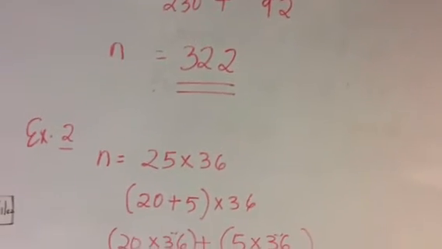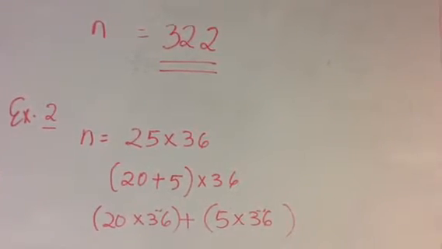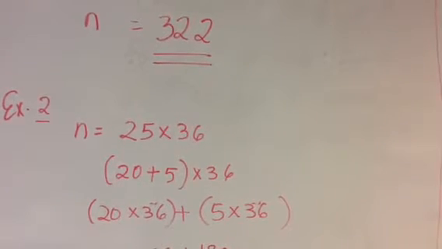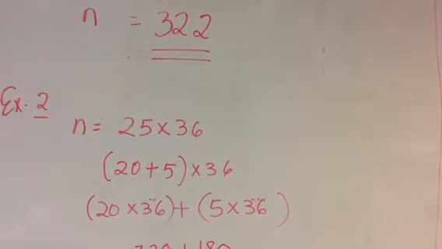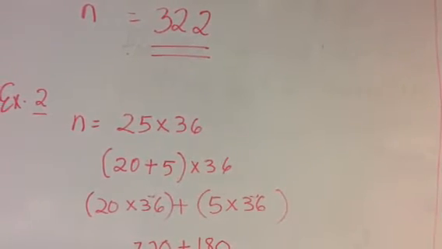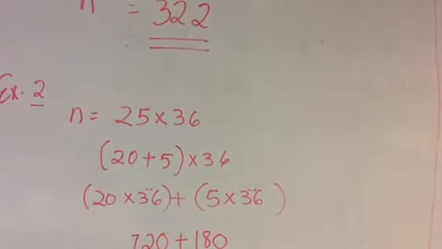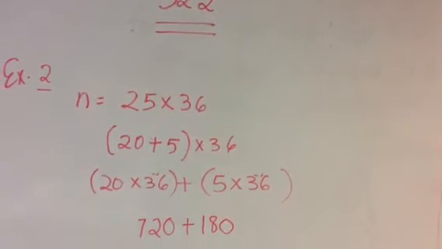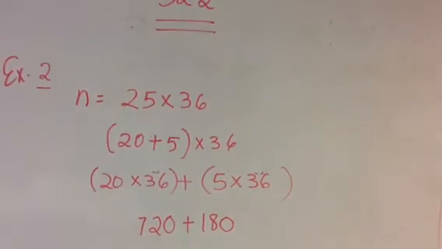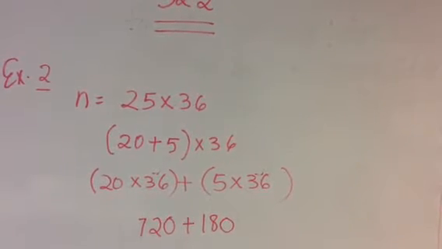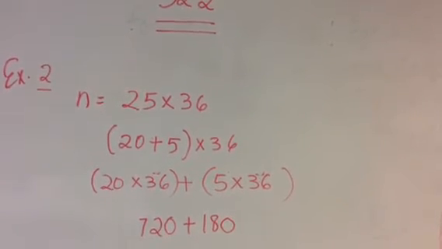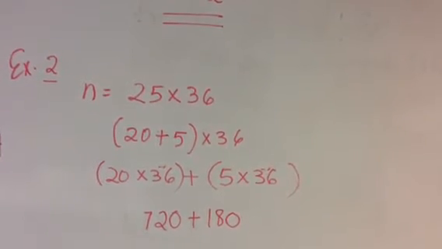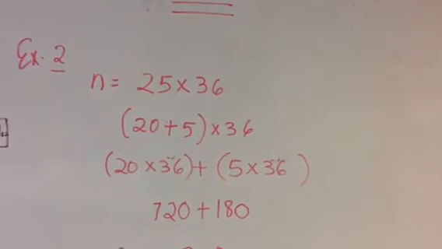Another example. n is equal to 25 times 36. You can use the multiplication addition principle by separating one of the factors into two addends: 20 plus 5 in parentheses times 36, so 20 times 36 in parentheses plus 5 times 36 in parentheses. 2 times 6 is 12, 2 times 3 is 6, plus 1, 7, and then annex the 0. 720 plus 180.